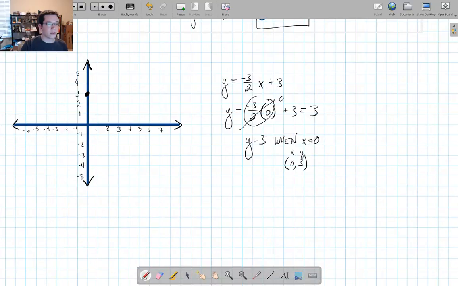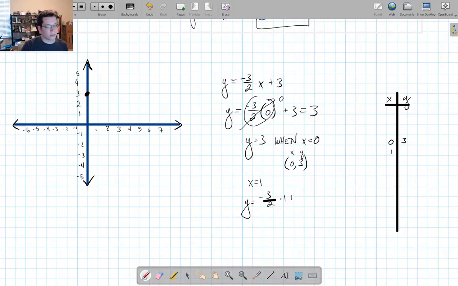Now we'll plug in another point. So if we say x equals 1, we'll start a table as well. x, y. We plug in 0, we get 3. We plug in 1, we get y equals negative 3 over 2 times 1 plus 3 equals negative 3 over 2 plus 3.